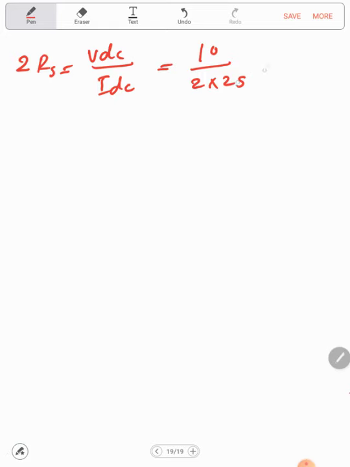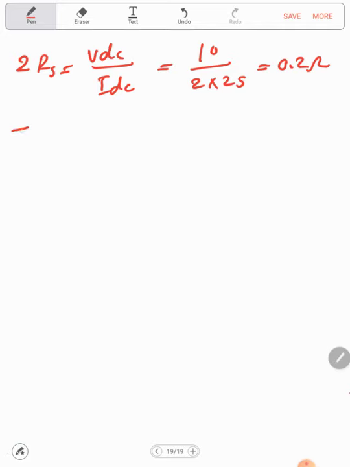So the first thing here we can calculate is the resistance of the stator. So we have the following relation: 2 RS is equal VDC over IDC. So this will equal 10 over 2 multiplied by 2.5, and this will equal 0.2 ohm.